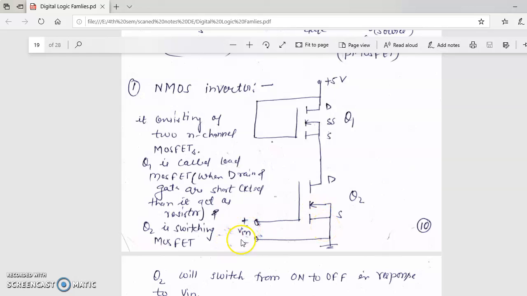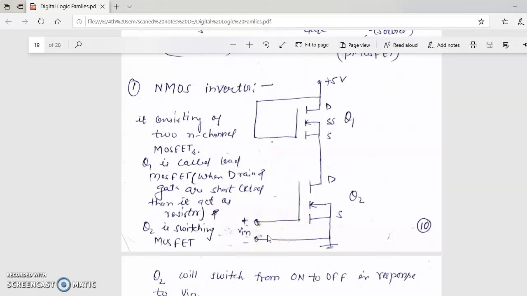When we apply V in as high logic, or plus 5 volt or VDD, this MOSFET is on, current flows through the drain, and the output across this MOSFET is low or logic 0.